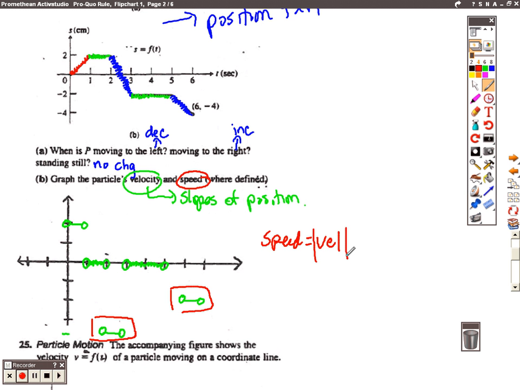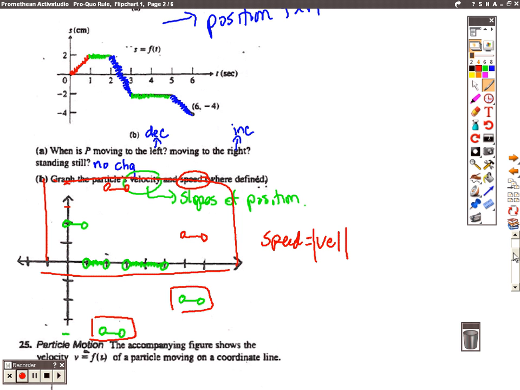This segment that's at negative 4 would now go to positive 4, from 2 to 3. And then this graph that's at negative 1.5 would flip to positive 1.5. The speed graph would be everything that's on the x-axis and above.